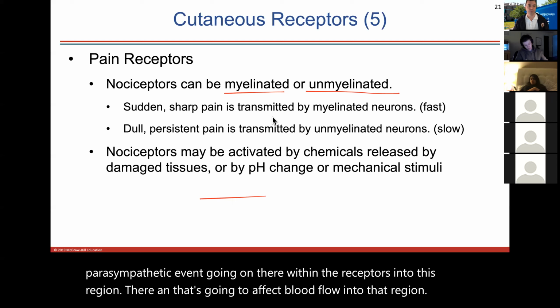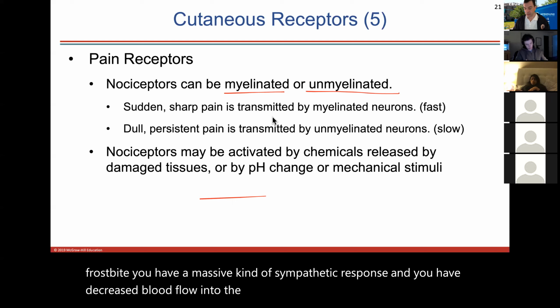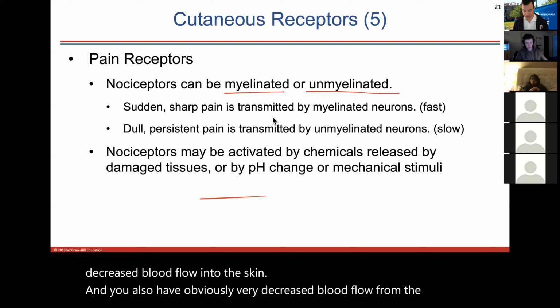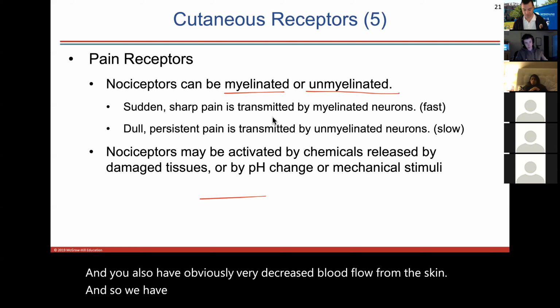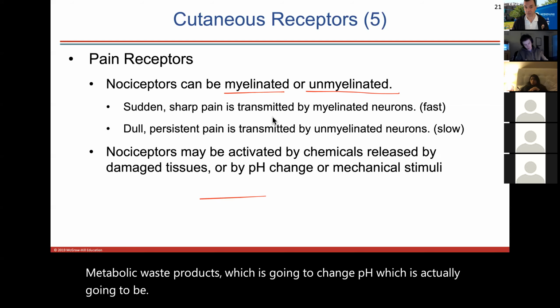So with frostbite, you have a massive sympathetic response, and you have decreased blood flow into the skin. And you also have very decreased blood flow from the skin. And so you have a buildup of metabolic waste products, which is going to change pH, which is actually going to cause some pain.